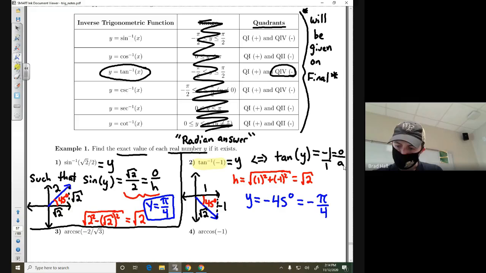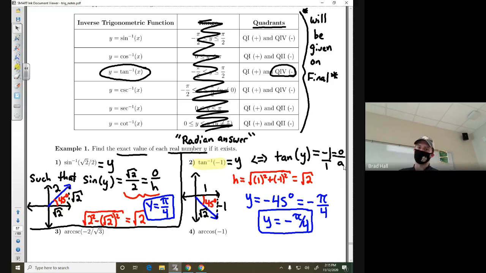So really your final answer, after it's all organized, said and done, is that y is equal to -pi/4. If you convert it to its coterminal equivalent, which would be 360 minus 45, so 315 degrees, and then whatever that is in radians, maybe like 7pi/4 or something, that's not wrong.